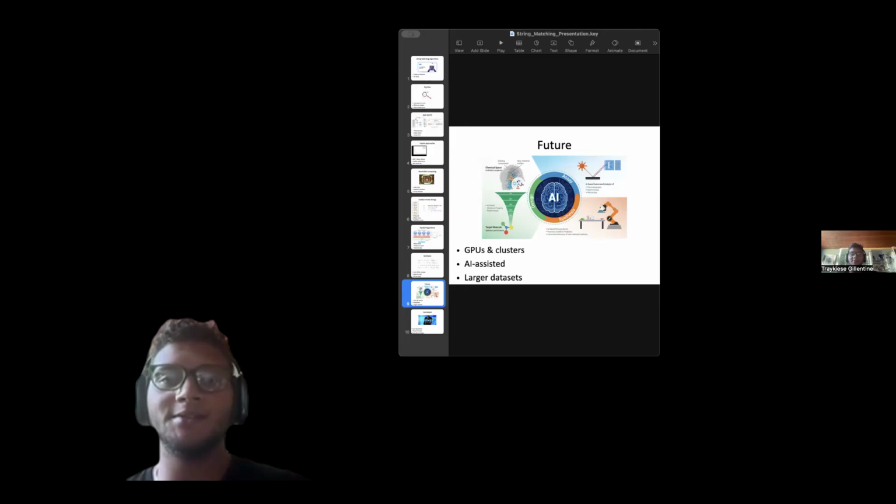As data continues to grow, especially in areas like genomics, cybersecurity, and natural language processing, string matching will remain a fundamental problem that drives innovation. It's not just a theoretical computer science problem, it's an applied one that affects technology in many industries.